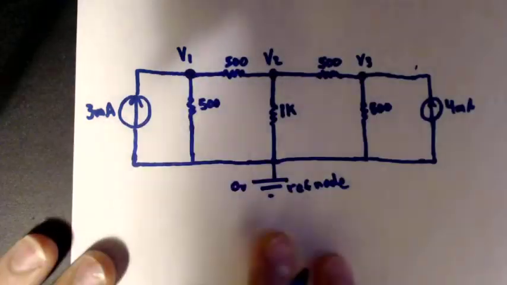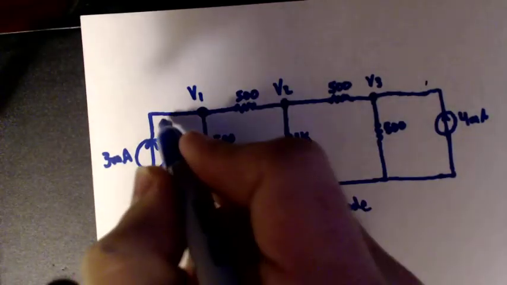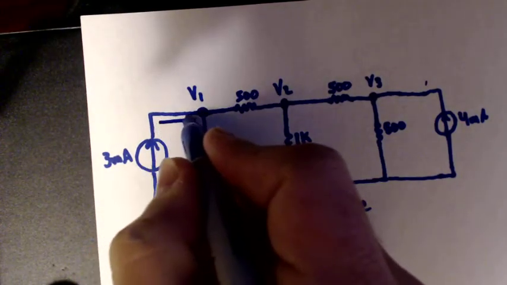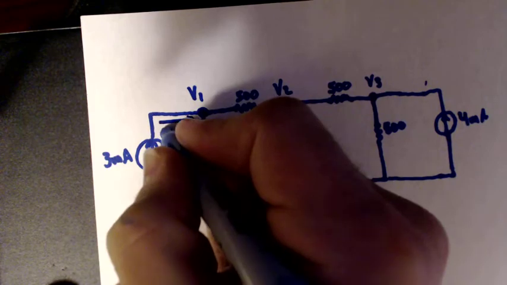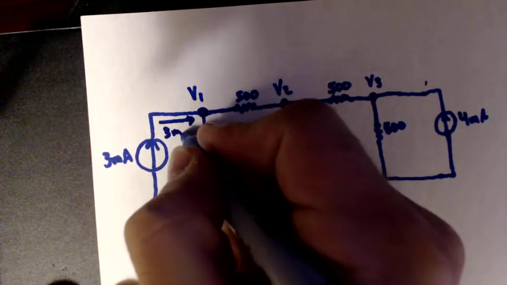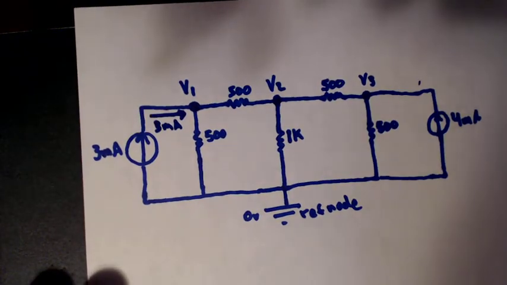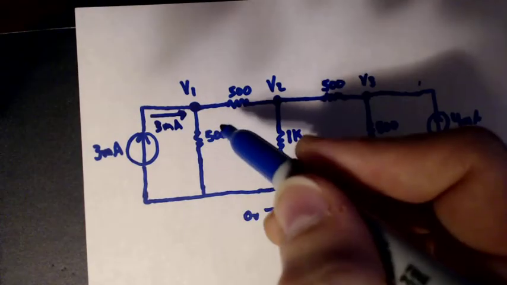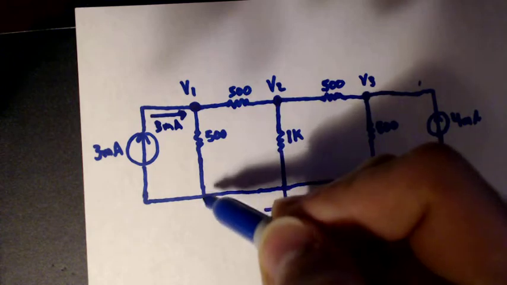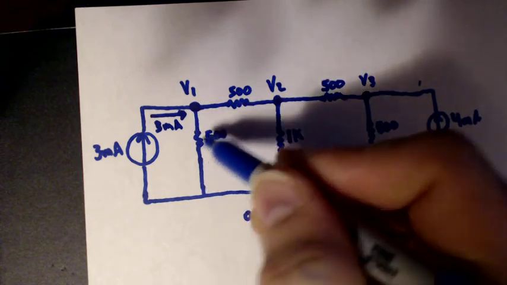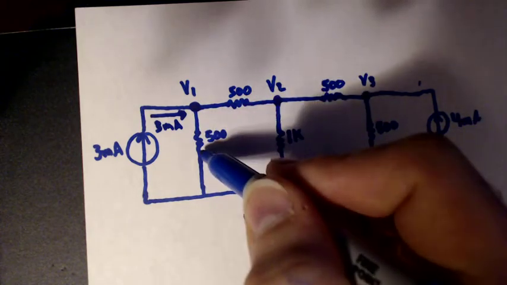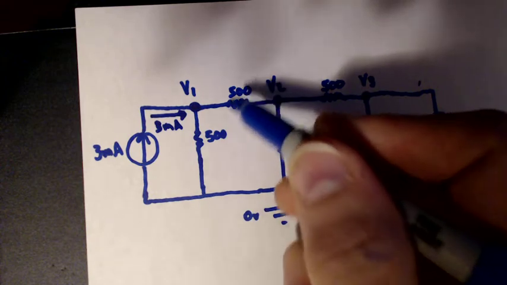So let's write over here, I have 3 milliamps entering V1. Okay? Now, we move on to these next ones. We have 2 more. We have this 500 ohms and this 500 ohms.